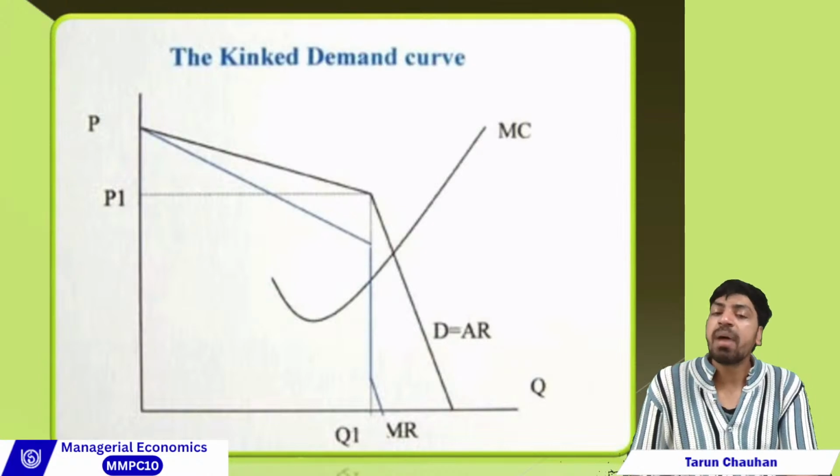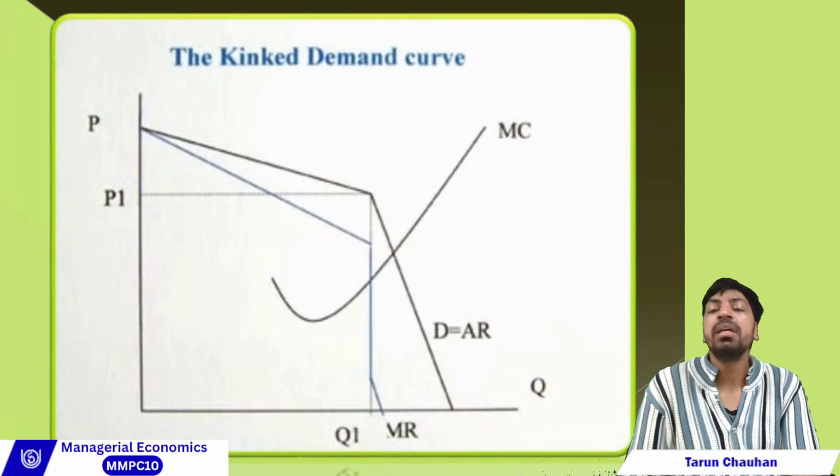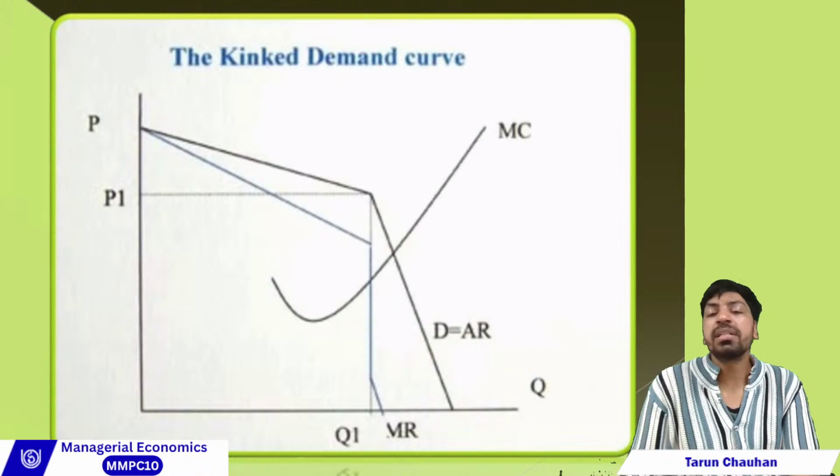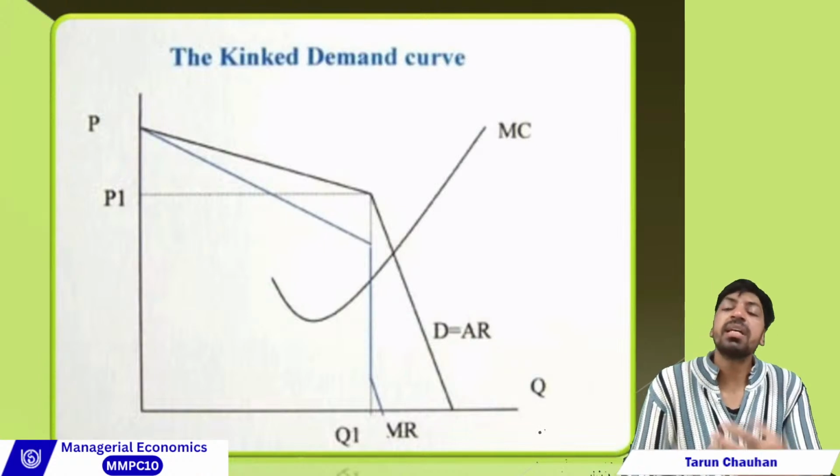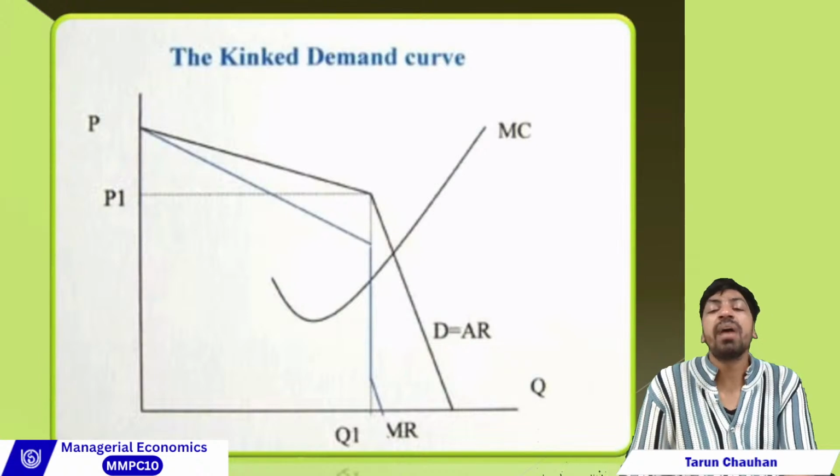And once the marginal cost is drawn, the equilibrium point cuts the original output where demand is equal to average revenue. So this is the equilibrium condition of the demand curve, where demand is equal to average revenue.